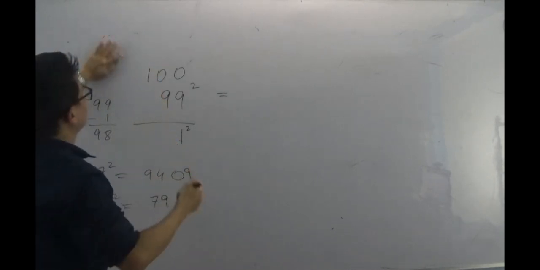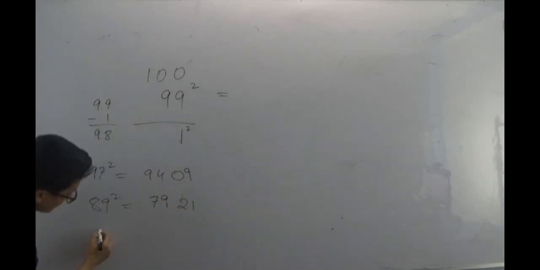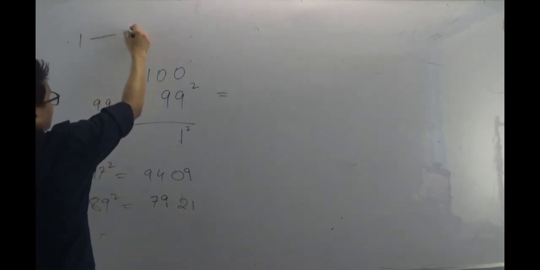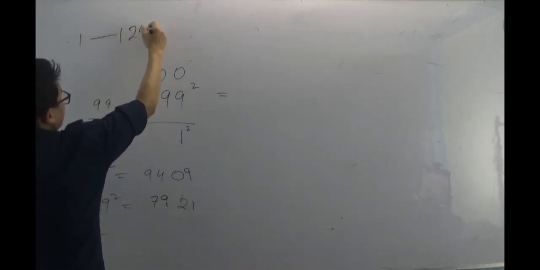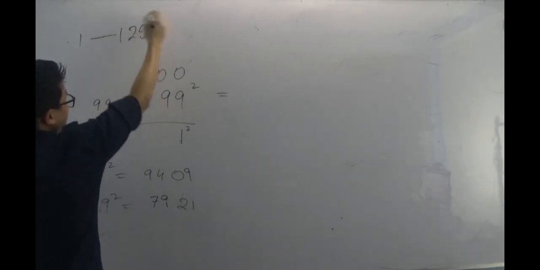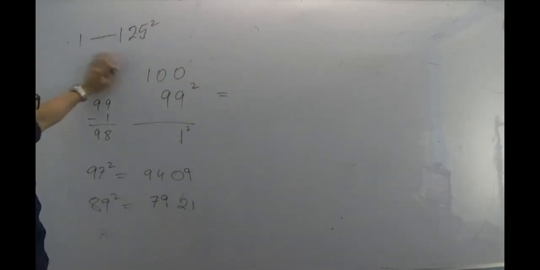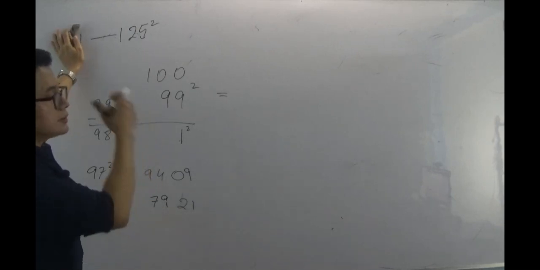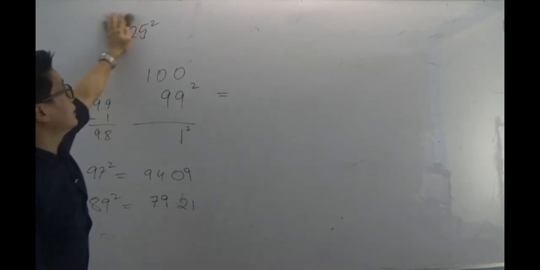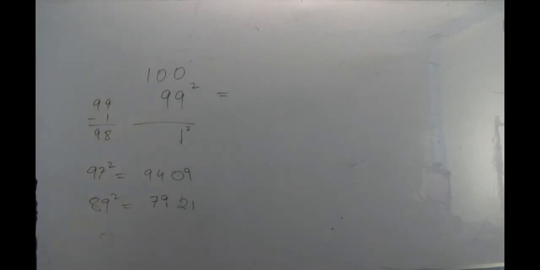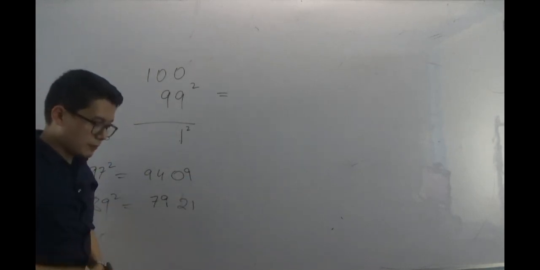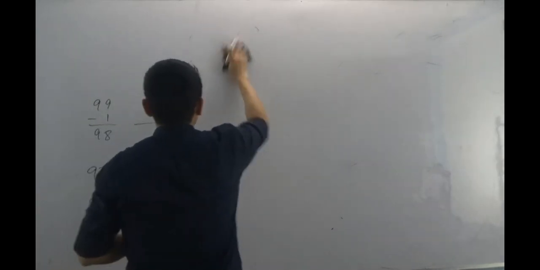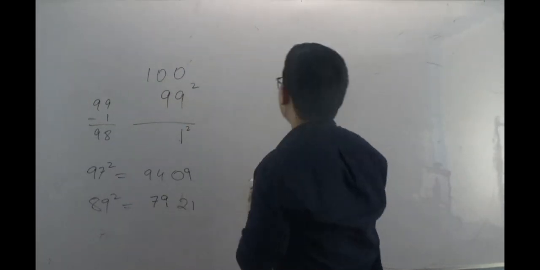Up to 124 square or 125 square, this has to be taught actually in the simplification approximation chapter, but some bit of cube root, square root. Anyway, around 50.